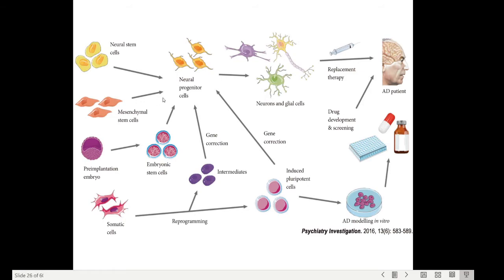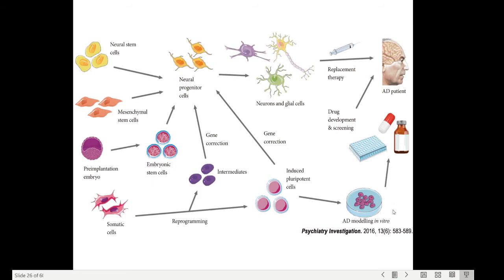So using this stem cell technology, they take these stem cells and reprogram them to induce pluripotent cells.